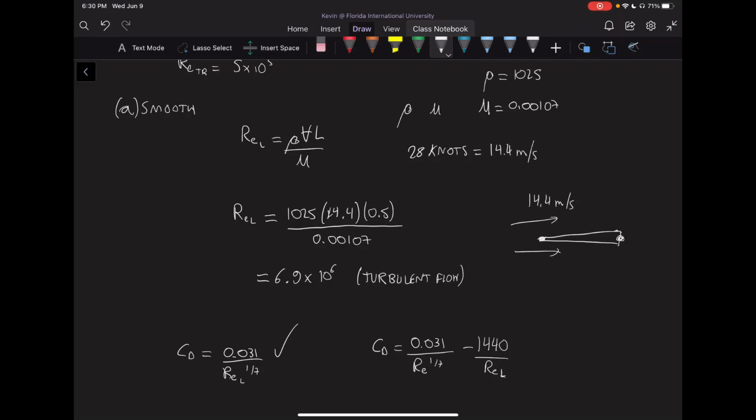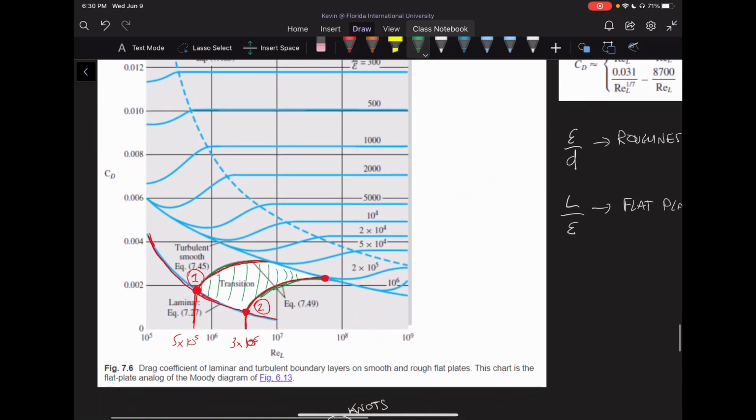So we actually have to look in our chart whether the transition occurs. So we're going to make a choice between this equation or this equation. In order to do that, we have to look at where our transition ends in our chart. So if we follow the line in our chart, let me erase all this.